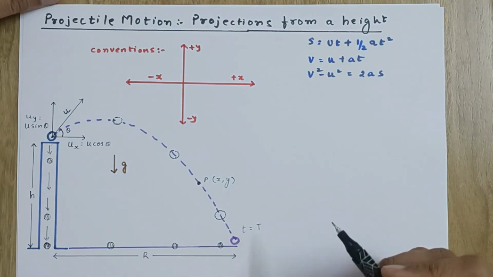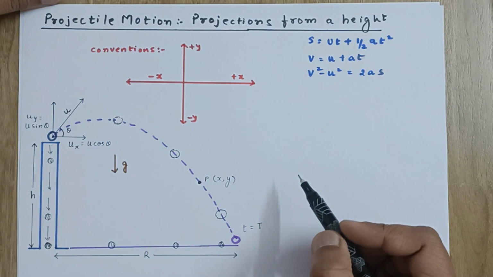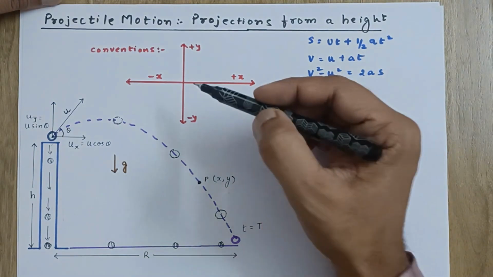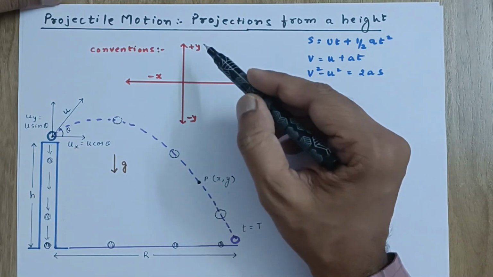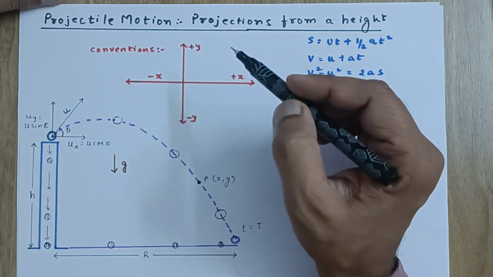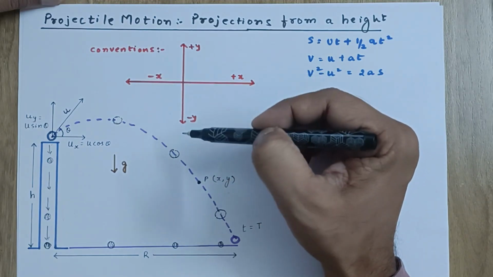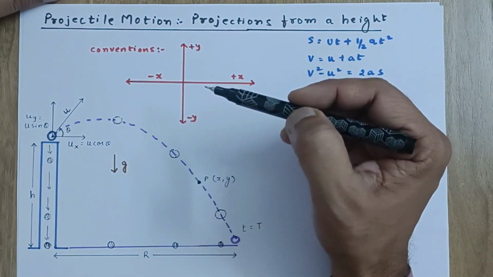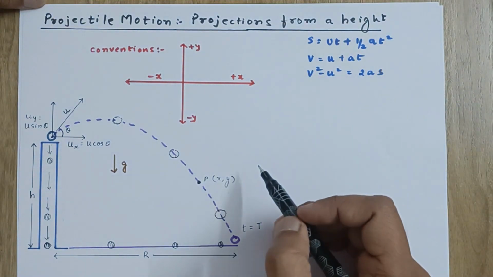Now, there is one more thing that you need to understand. Since we are dealing with a lot of vectors over here, all vectors along the positive y-axis and positive x-axis will be considered as positive, and any vectors which are in the direction of negative x-axis and negative y-axis will be considered as negative. We have to apply the sign conventions.